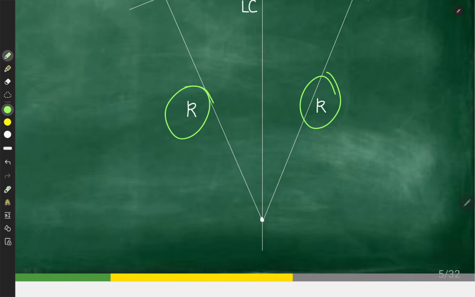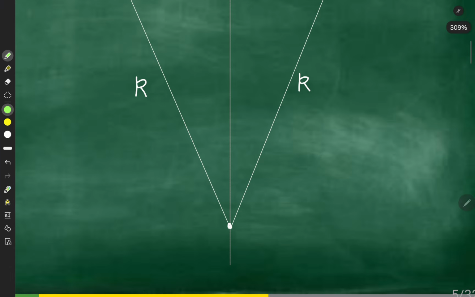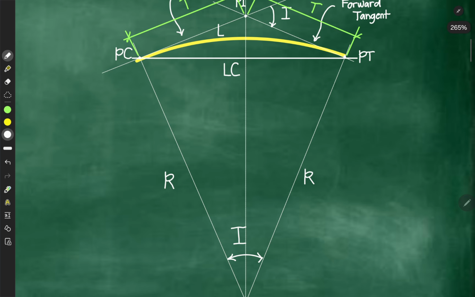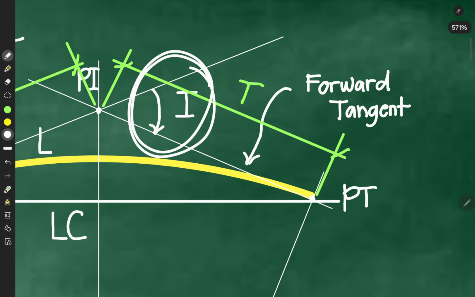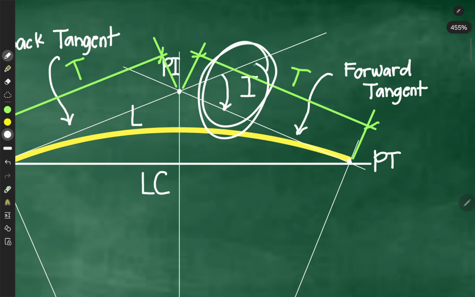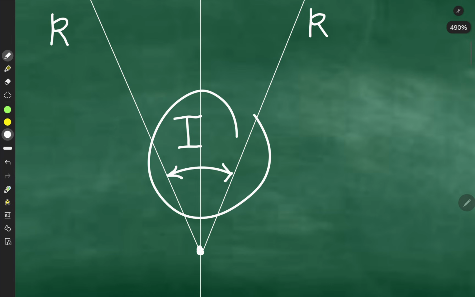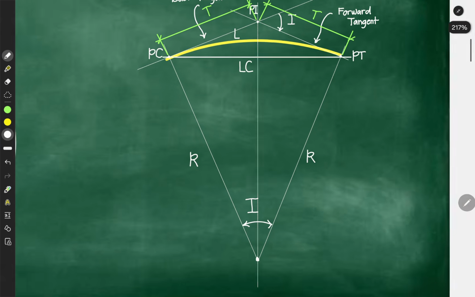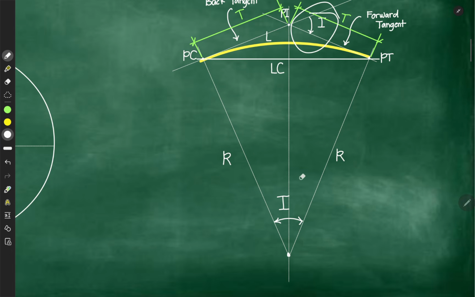So if this is our two radii, this is our central angle. And if this is I, take note, this angle is just the same as this. So, kapag alam mo na to, ibig sabihin, alam mo na rin yung angle from our central angle. Okay? So, same lang itong angle na to at saka ito.